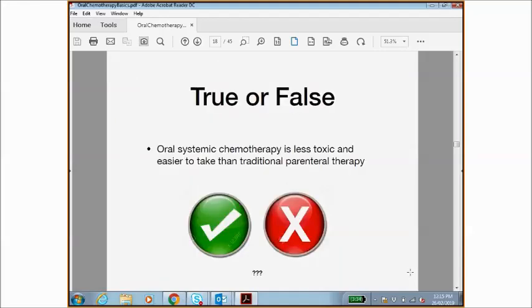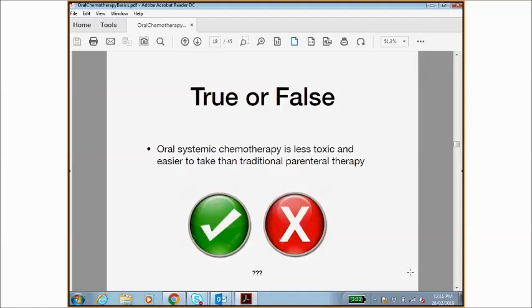True or false? Oral systemic chemotherapy is less toxic and easier to take than traditional parenteral therapy. So you have people, I know in the community, who'll say, this friend has cancer, and that friend has cancer. One of them has to go into the regional hospital 3 days a week, and she is hooked up to an infusion for multiple hours, and so she's really sick, and she's on chemotherapy.